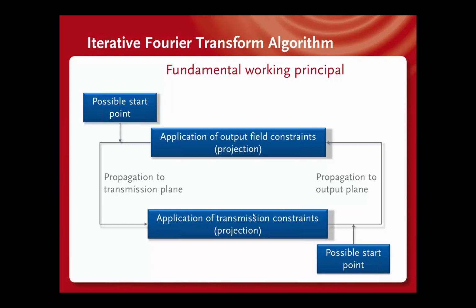And because of the introduction of these transmission constraints, we again introduce some stray light in the target plane, so we have to run maybe several hundreds or thousands of iteration loops to find a transmission function that we are actually able to fabricate, for example, by a height profile, and in addition, this resulting transmission function also creates the very good intensity distribution that we need.